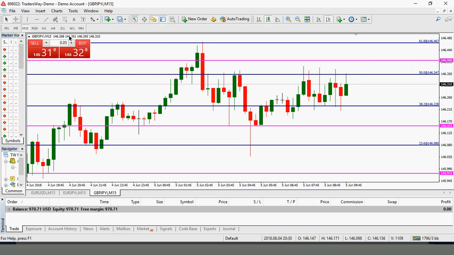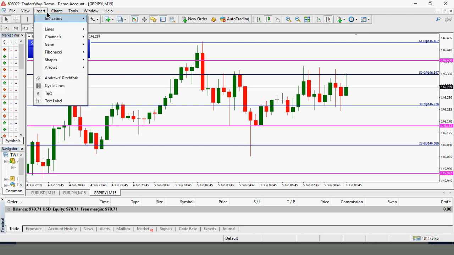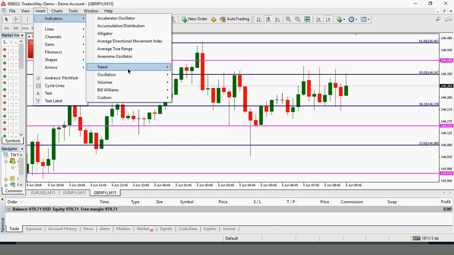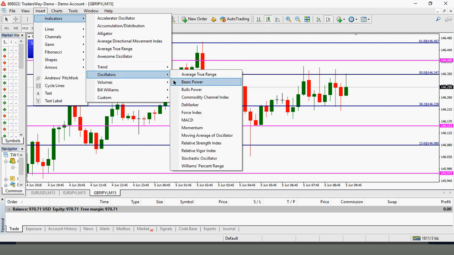If there's lots of pip activity and not just a pip etch, my lot size is 0.05, and I will add RSI just so that I can see if it will break. I have about 2 minutes before I enter into the London session.